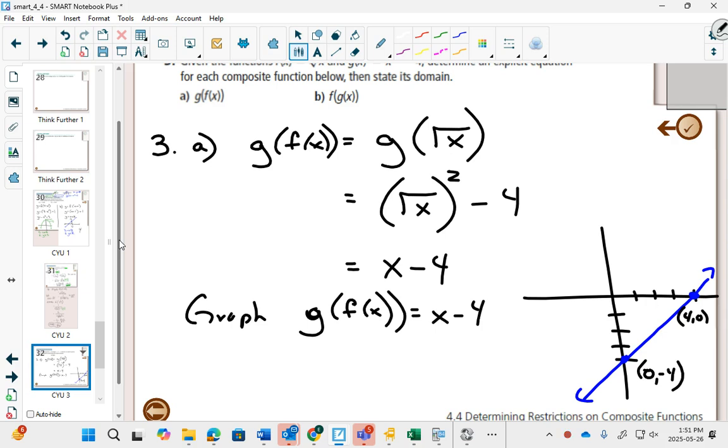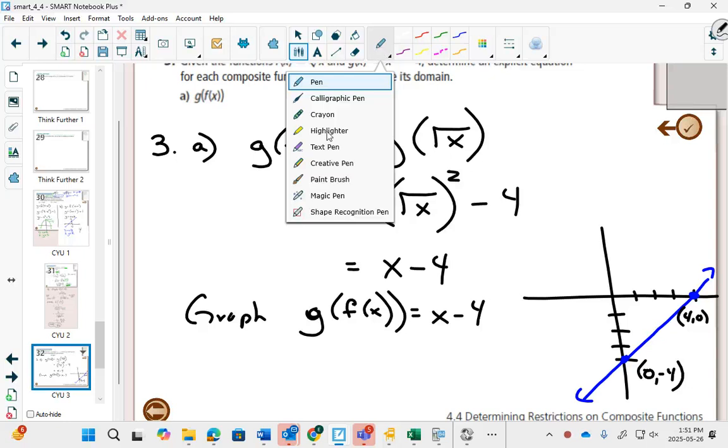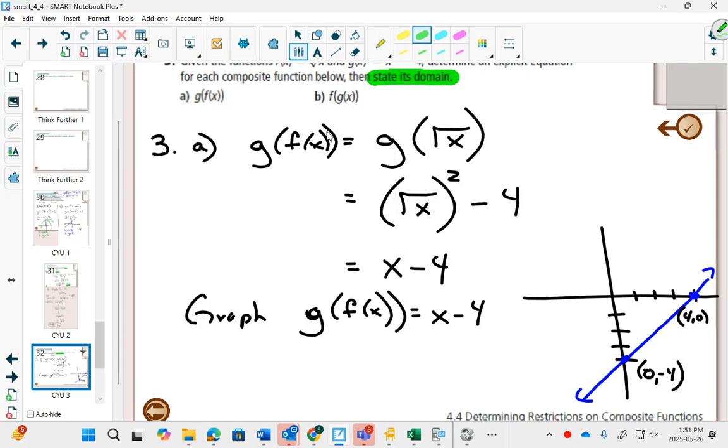I'd lose marks because in this one, and they do tell me to do this, state its domain. What is the domain of x minus 4? Everything. But what's the domain of g of f of x? Not everything. x values have to be bigger than or equal to 0. Why? Because of this right here.